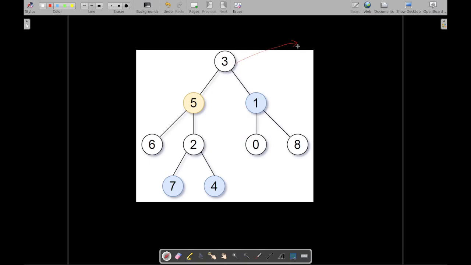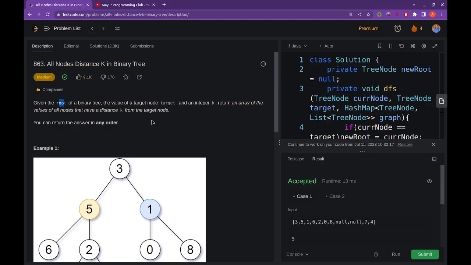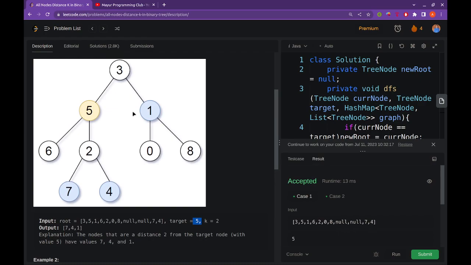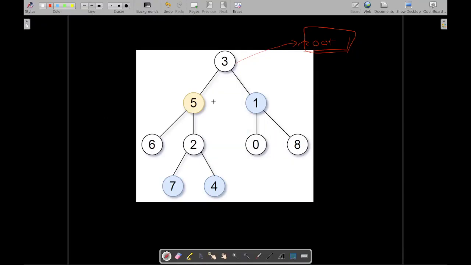Currently this is the root. This would be given, and the target will be given. Here in this particular sample test case, the target is 5, the node with value equal to 5. So this is the target.